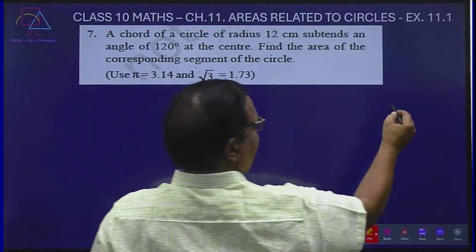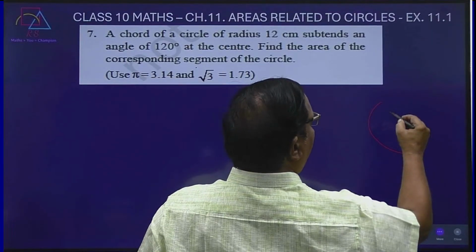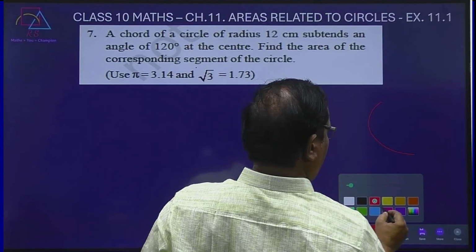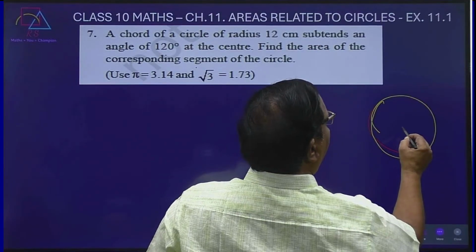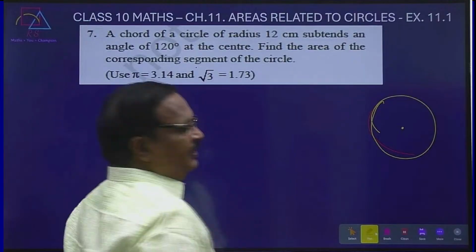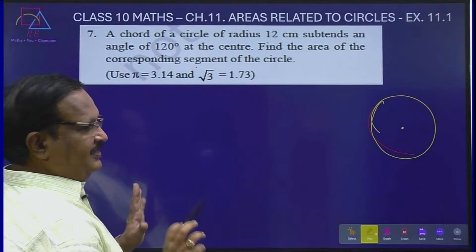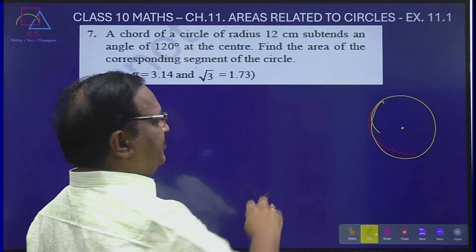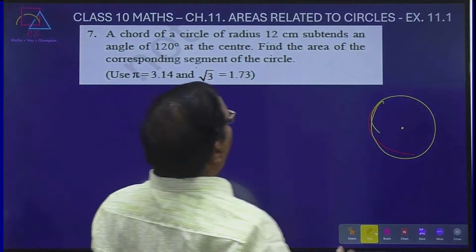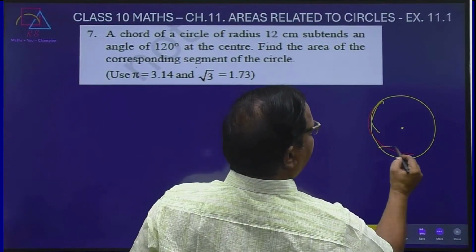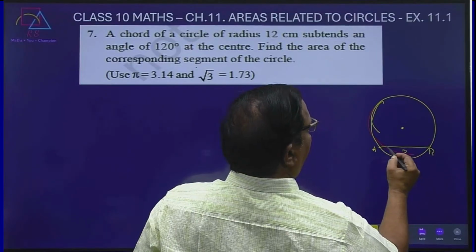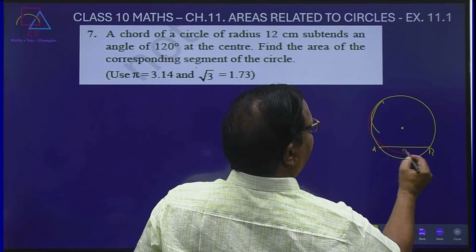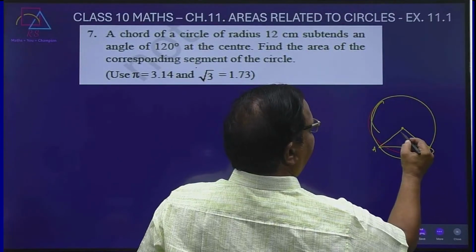I will just draw; I am not drawing beautifully. I am drawing just a chord of the circle, say this is AB, and it subtends an angle of 120 degrees.